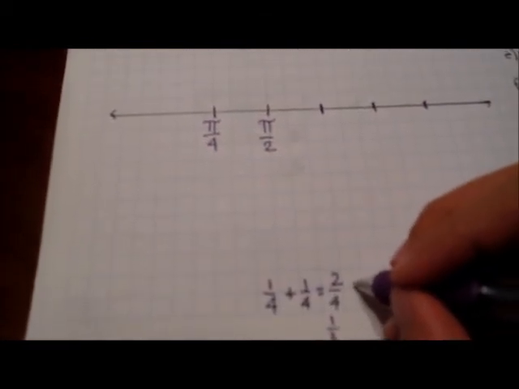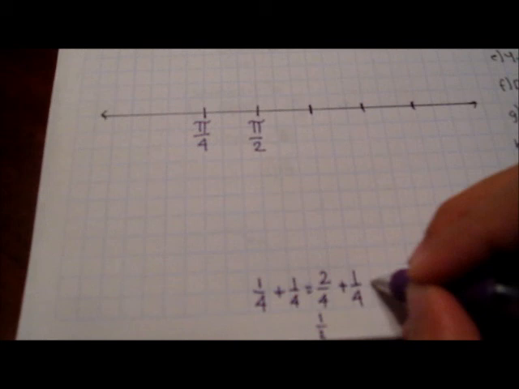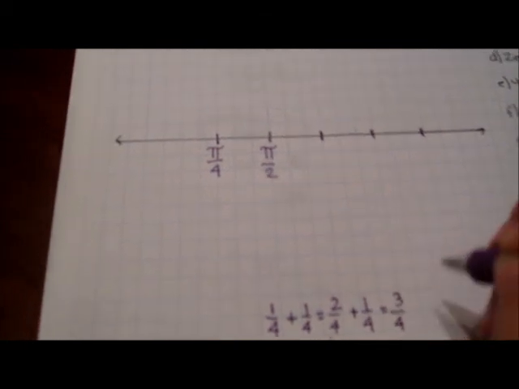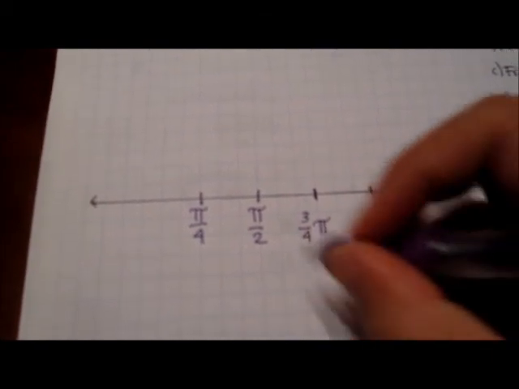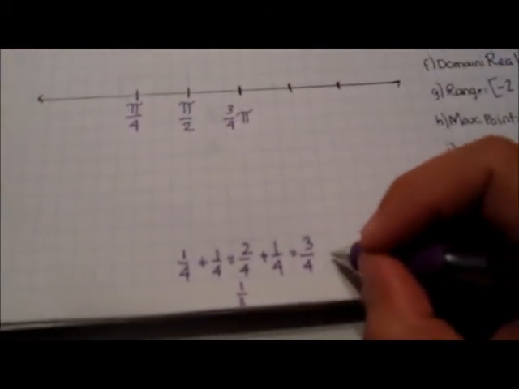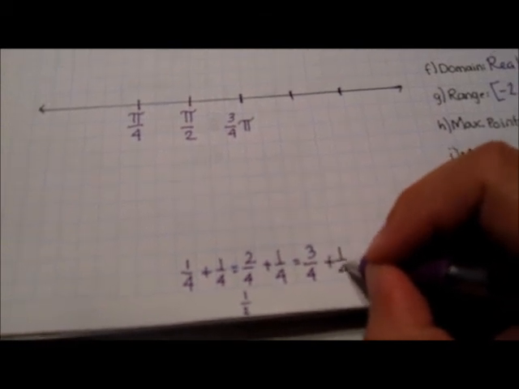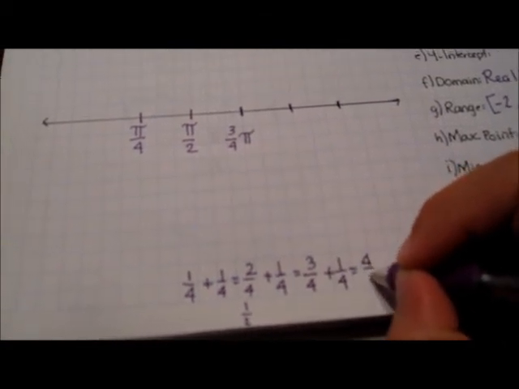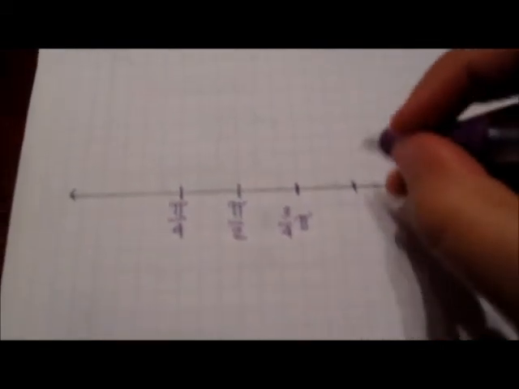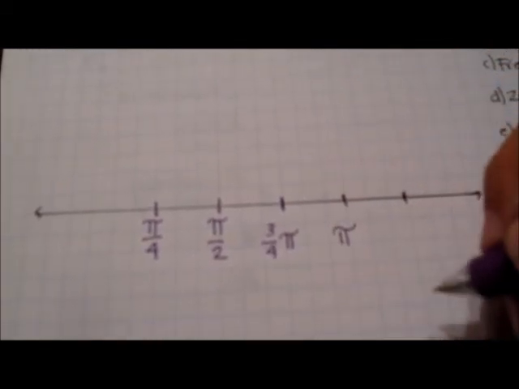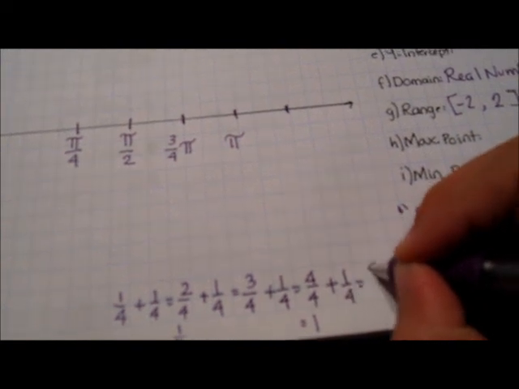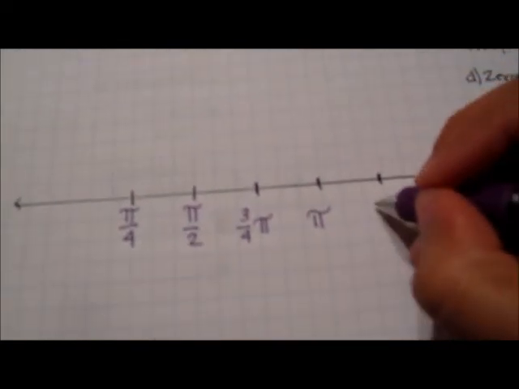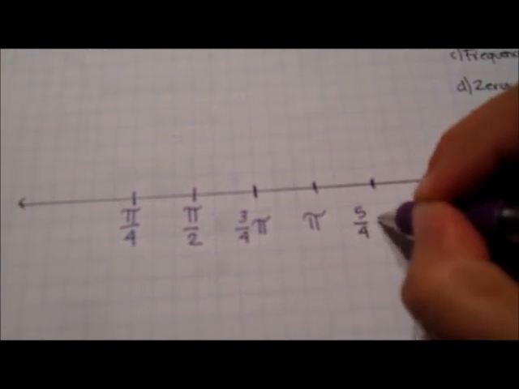And then 2 quarters plus a quarter equals 3 quarters, and now I have 3 quarters of pi. Then 3 quarters plus a quarter is going to be 4 quarters, and 4 quarters equals 1. So in this one is pi. Finally, 4 quarters plus a quarter equals 5 quarters. This is going to be my last one.